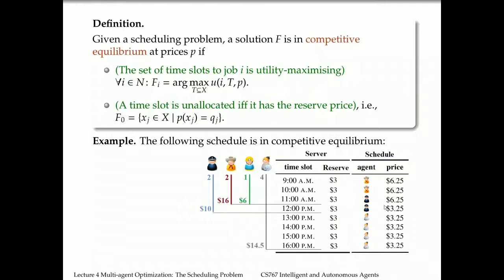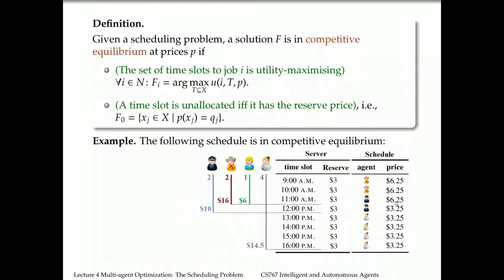Because in order to finish the job under the current price, there's no time slot that is under $6. Right? So if you want to complete the job and purchase any of these time slots before the deadline, he will need to pay at least 6.25, which gives him a utility of negative 0.25, which is worse than zero, right?